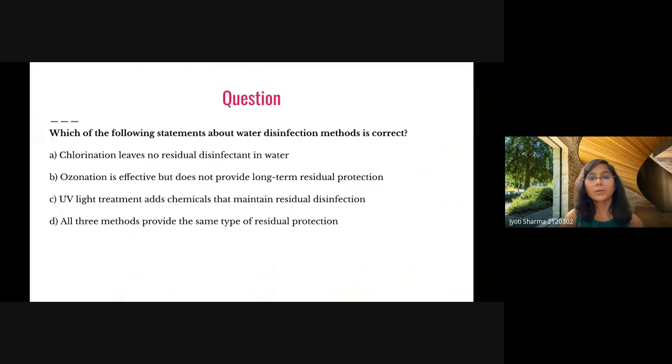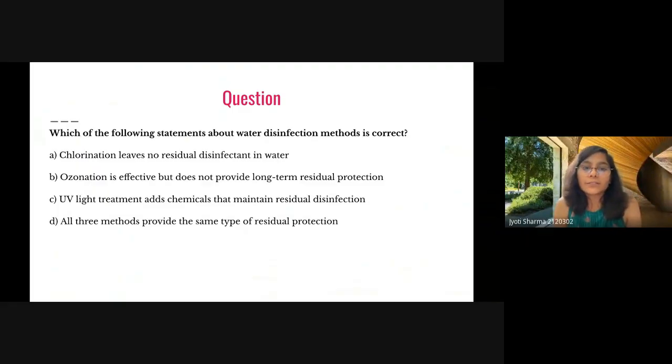Okay, so in the tertiary treatment, we also have water disinfectant, right? So we have disinfectants, for example, chlorine, and you have to tell me which statement about water disinfectant methods is correct. We have four options here. Chlorination leaves no residual disinfectant in water.